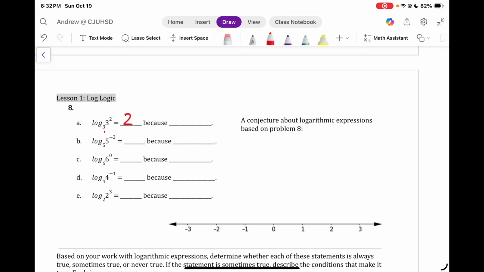5 to what power is 5 to the negative 2? Well, it's negative 2. The answer is the power, because the base matches the base. This is 0, this is negative 1, this is 3, and the reason is simply by definition.